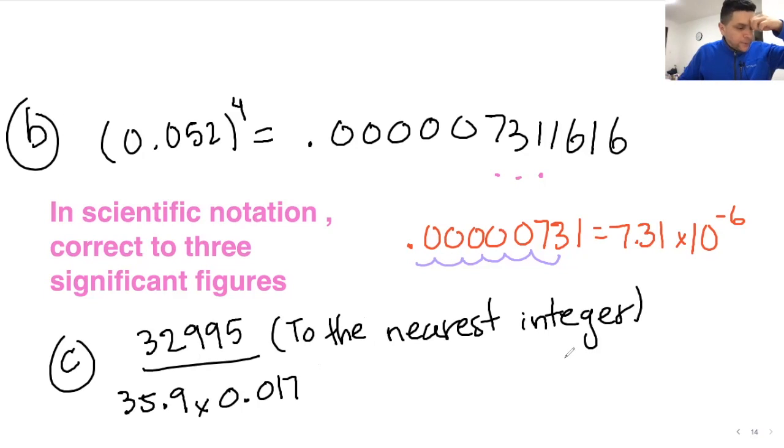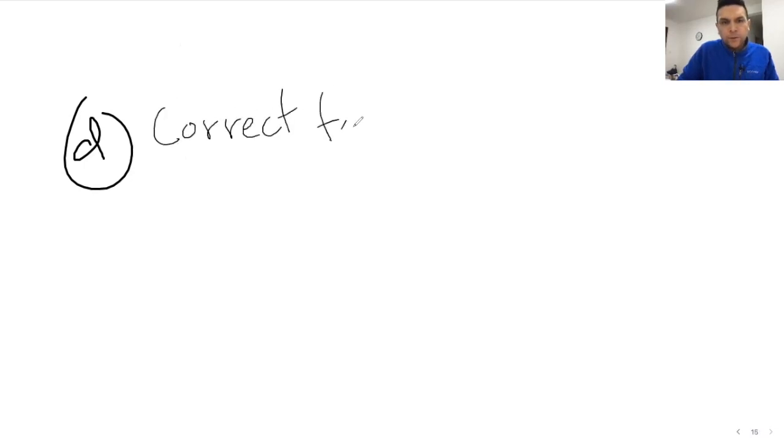And for D, this is correct to 3 decimal places. To 3 decimal places.